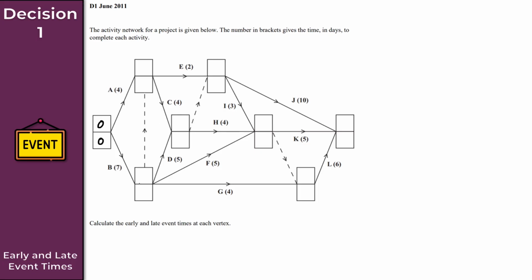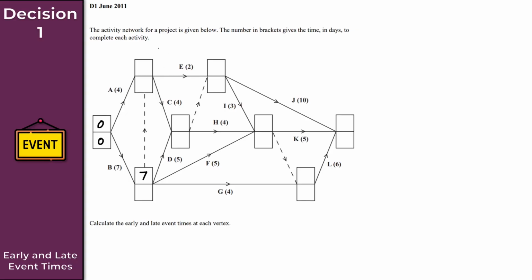Okay, so let's just start with this vertex here. I've only got a choice of one thing here. Don't forget, in a forward pass, we always want the largest possible option, but I've only got one thing to actually consider here. That's just 7, right? So the early event time for this node or vertex is simply 7.